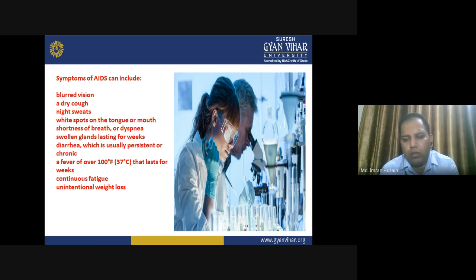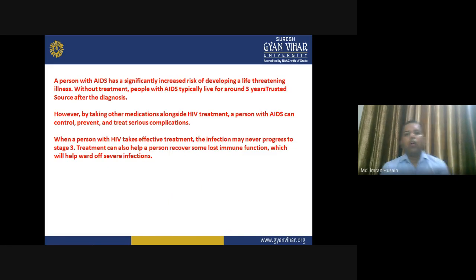Without any reason, the weight is reduced. A person with AIDS has a significantly increased risk of developing life-threatening illness. Without treatment, people with AIDS typically live around 3 years.